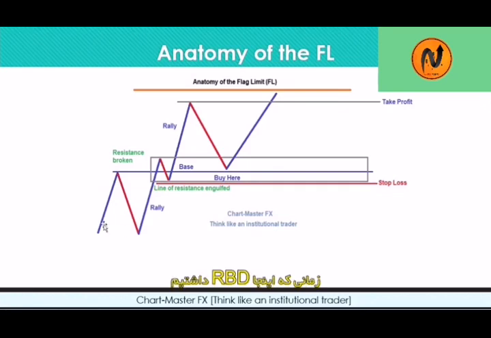So once we have a rally base drop here, then you can mark your resistance level. As the price breaks this high, from there you can draw your kink. This is what we call a kink, guys. This zone that you see here, this base that you see here, is what we call a kink.